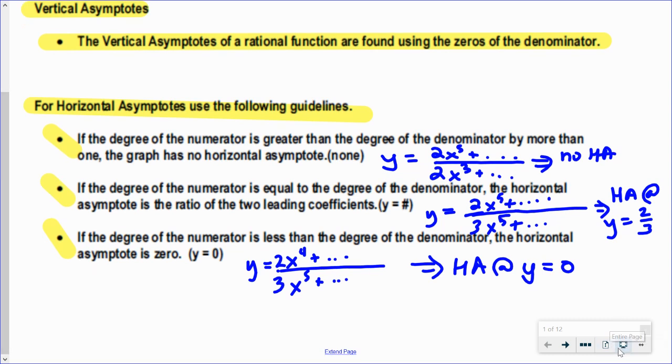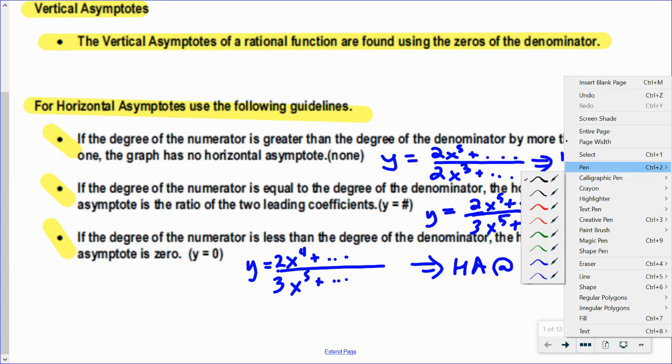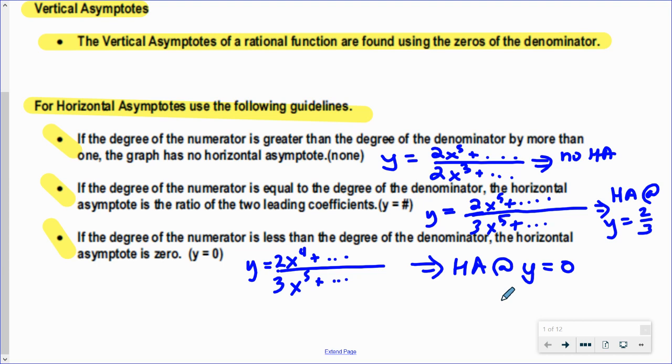When we're calculating horizontal asymptotes, we're actually finding the limits. We're finding the limit as x approaches infinity.